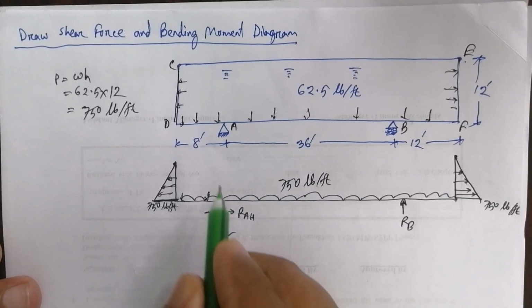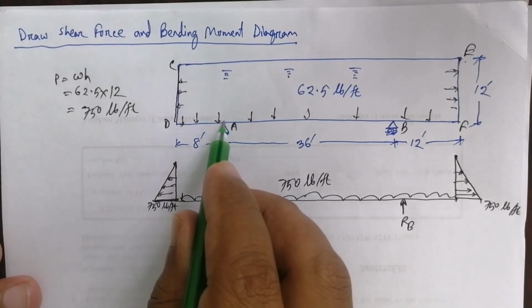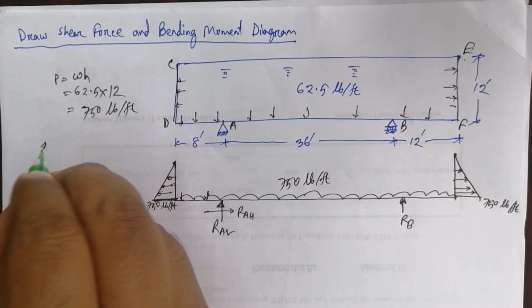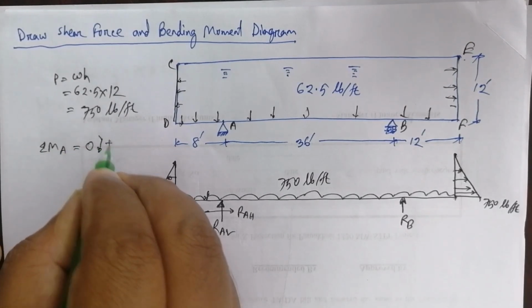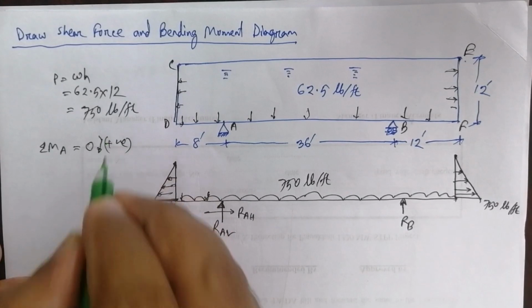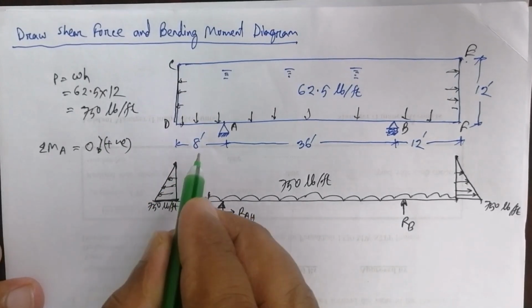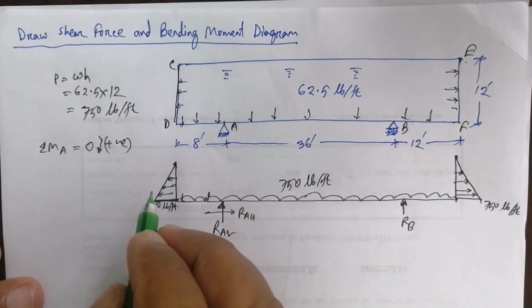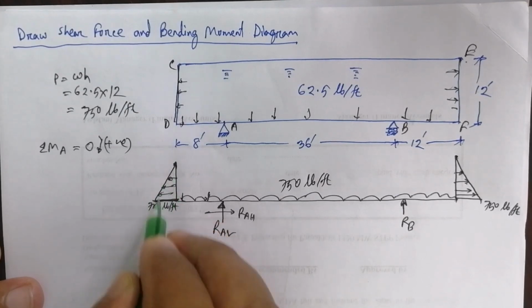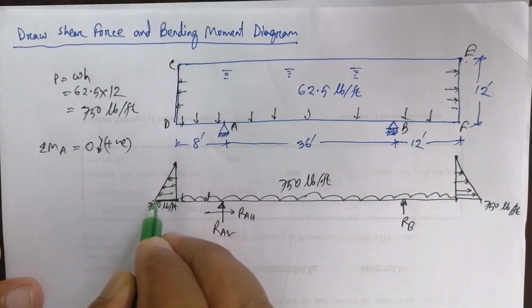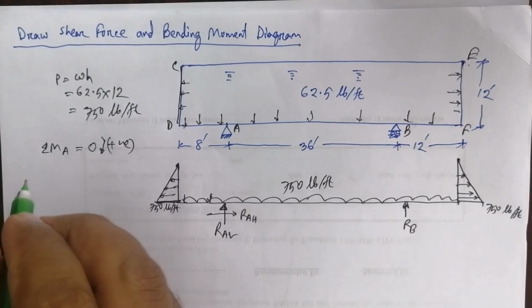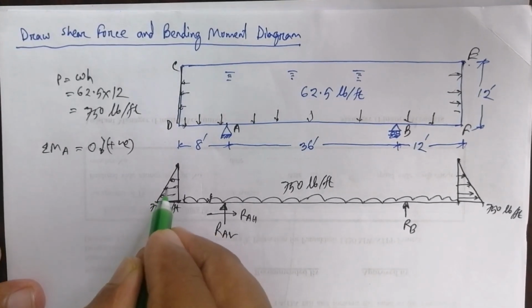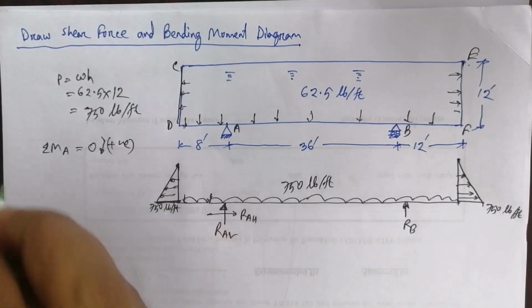So for calculating the reactions, we can take the moment at point A. So summation of moment at A equal to 0, clockwise positive. If we take moment about A, there is first this force. This force diagram is triangular, so we can calculate the force by area.